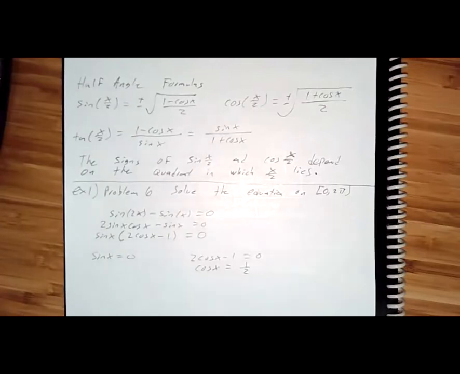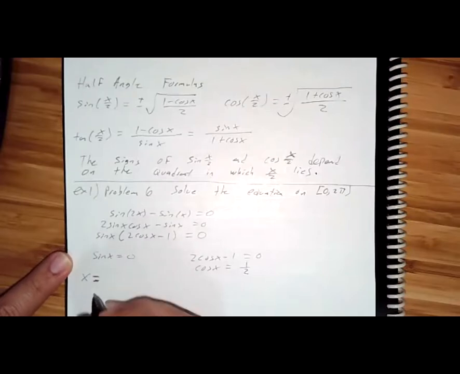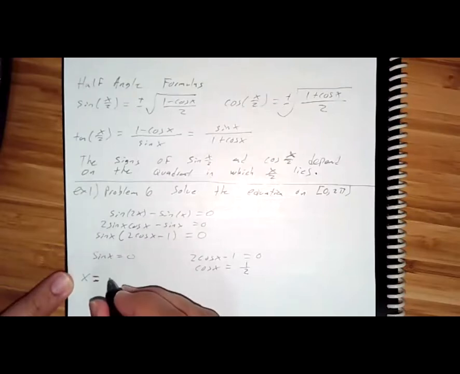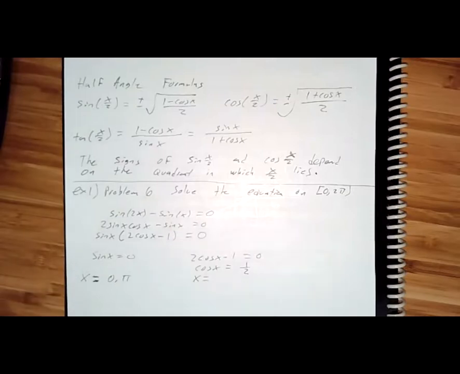So now we ask the question, where is sine 0, right? I think you guys said 0 and pi, right? Last time. Where is cosine 1/2? Pi over 2 and 3 pi over 2.